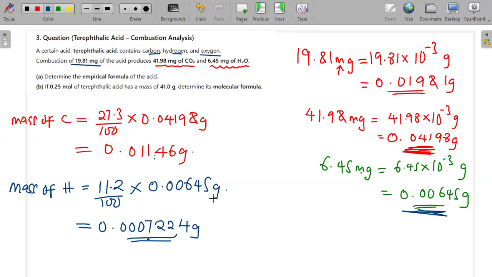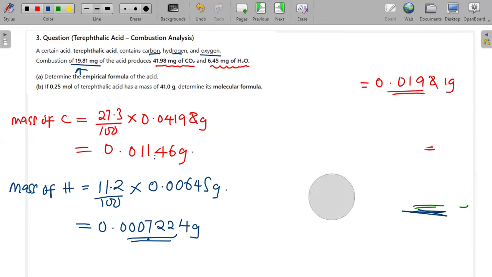So here we have to find the mass of oxygen. How do we find it? We just subtract the sum of the mass of carbon and hydrogen from the mass of the whole acid, which we have to use in grams.